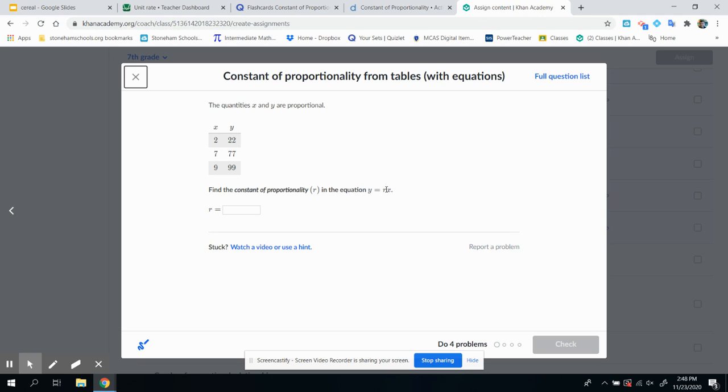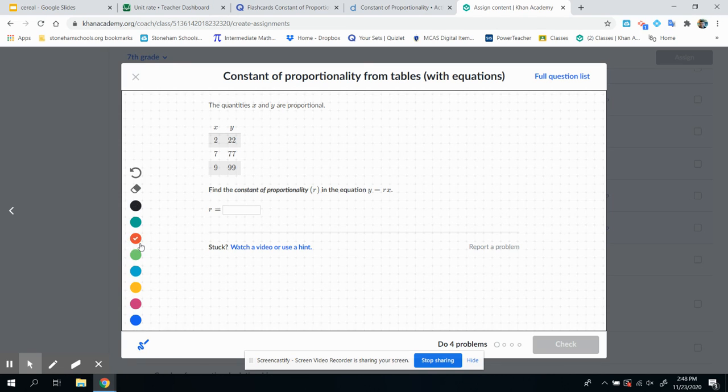And so that's why I'm saying in terms of the coefficient there, we need to find that value. Now, the way we do this, right, if I'm comparing x and y here, is I need to take the y value and divide it by the x value in order to get the constant of proportionality, right? Which in this case comes out to be 11.